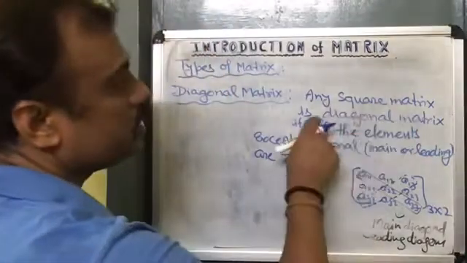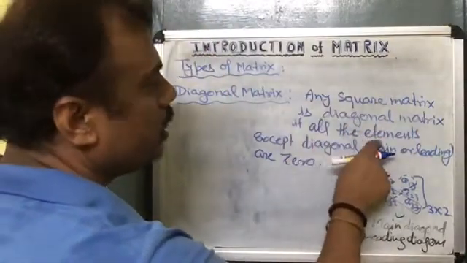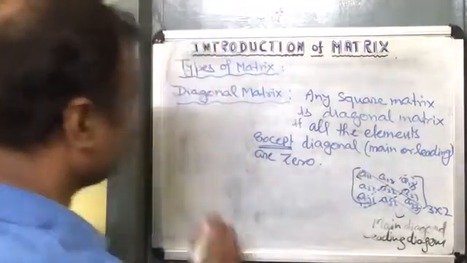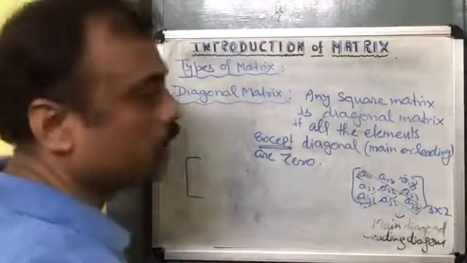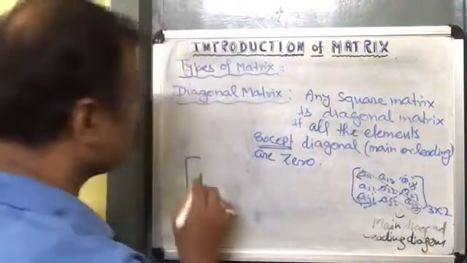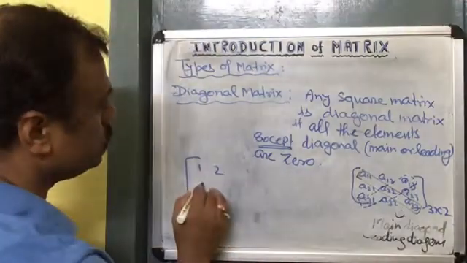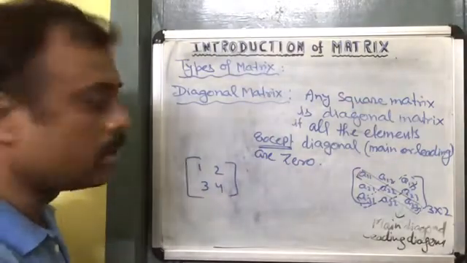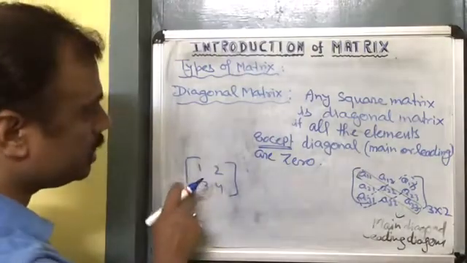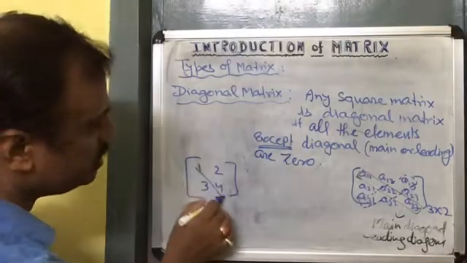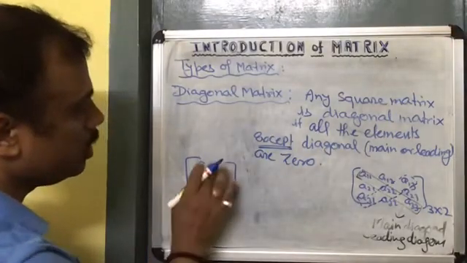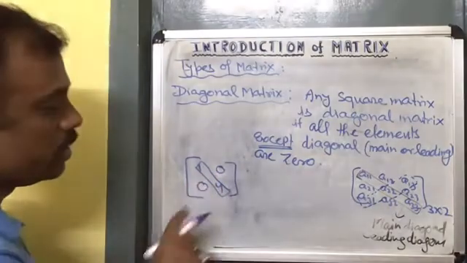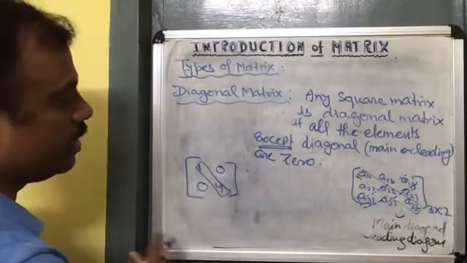Now, what are the examples of this? Any square matrix is a diagonal matrix if all the elements except the diagonal are 0. First it must be a square matrix. So 1 2 3 4 is a square matrix, but the main diagonal elements are these, which are not 0, and the others we must make 0. So this is an example of a diagonal matrix.